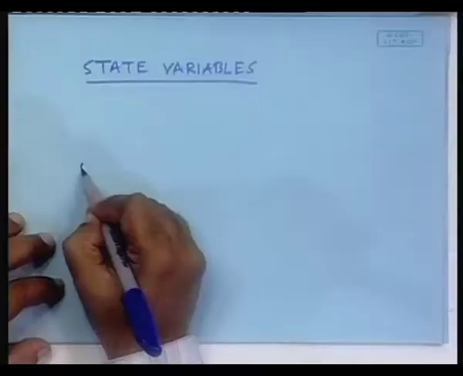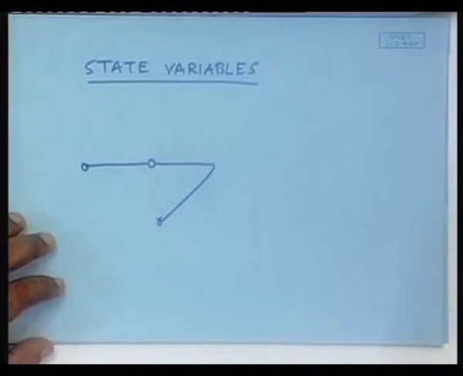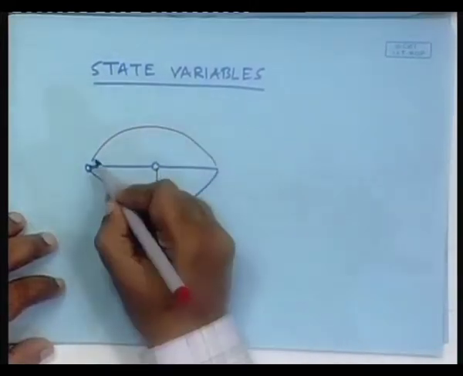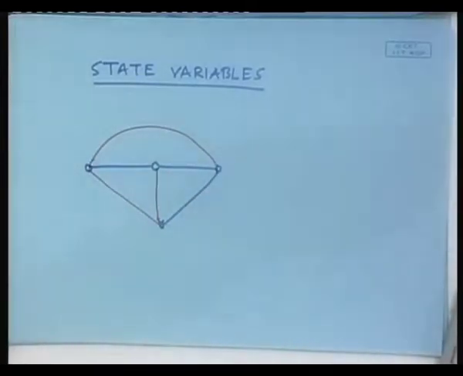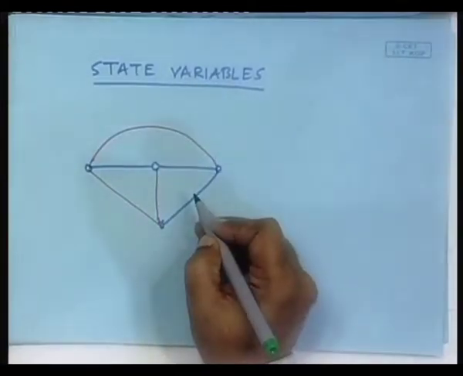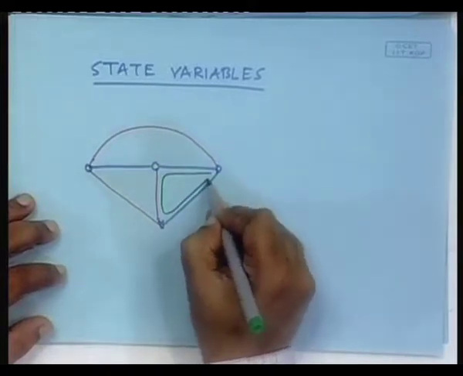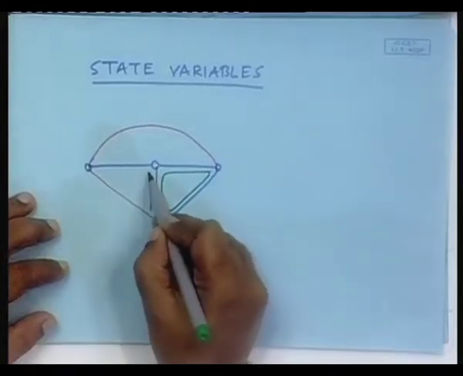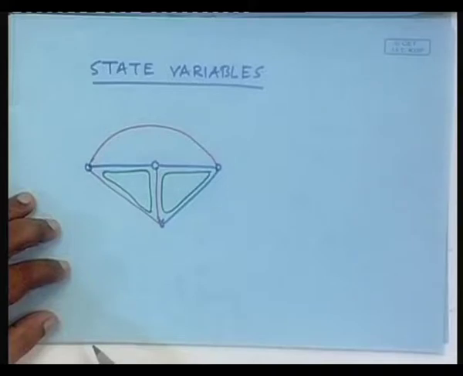We have done it like this. Can we identify the loops? The basic loop would be one which contains only one co-tree branch, right?